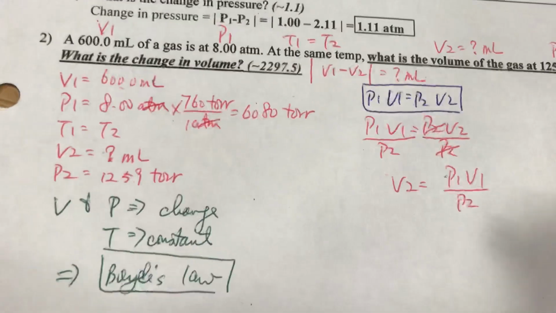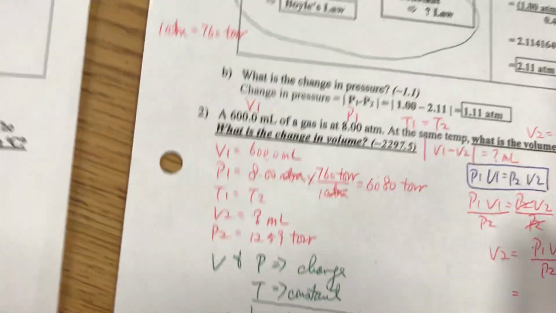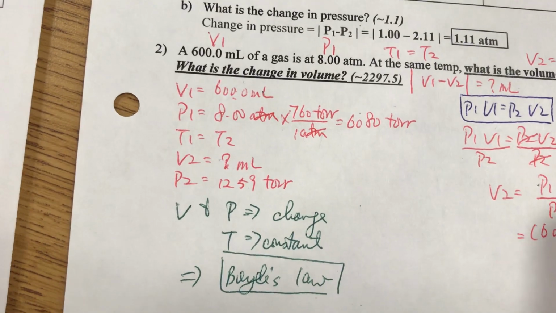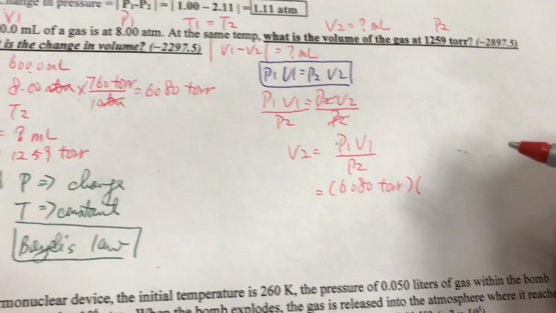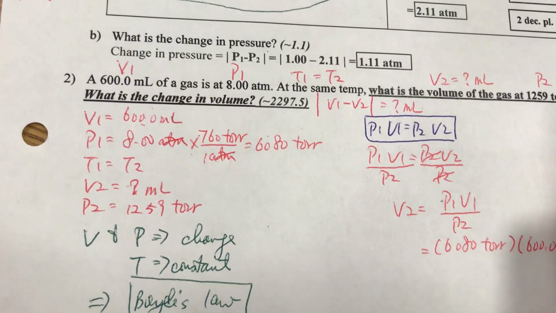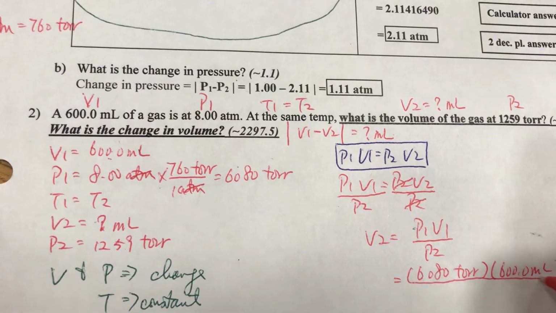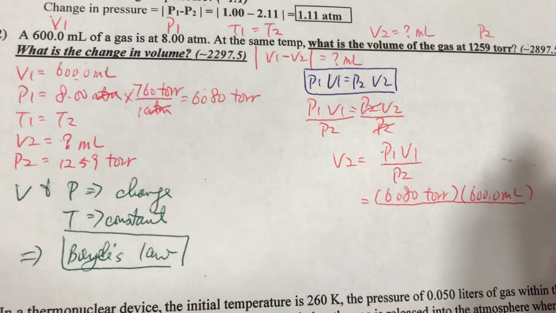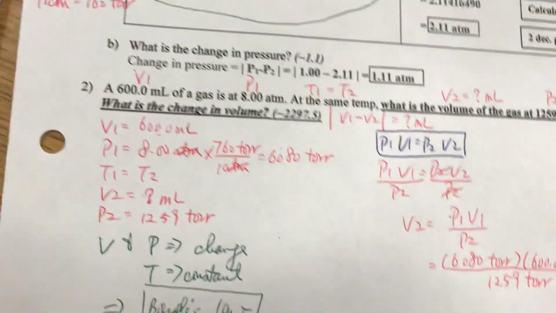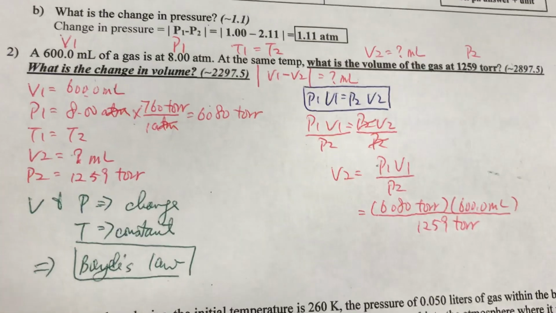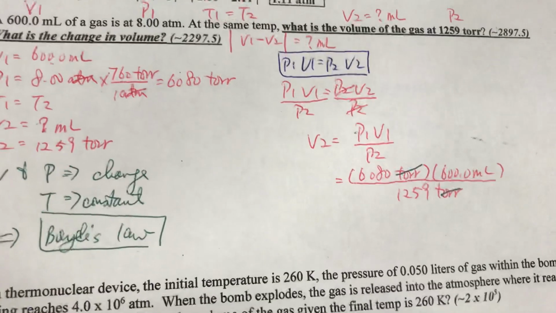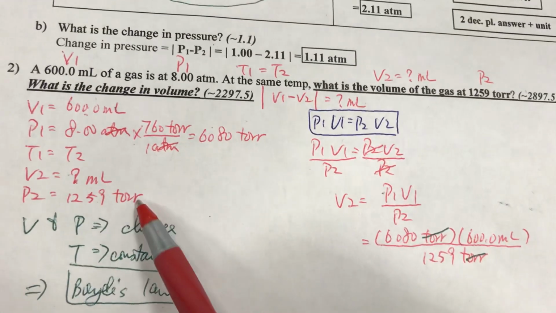All right. Now once I have this formula, I can substitute. My P1 is 6080 torr, and my V1 is 600.0 ml, over my P2 is 1259 torr. Now here you can tell I can cancel my torr, and I should have milliliter left over, which is what I'm looking for.